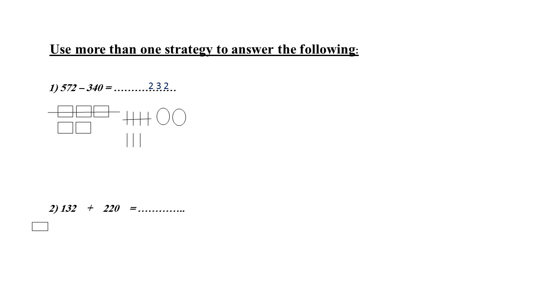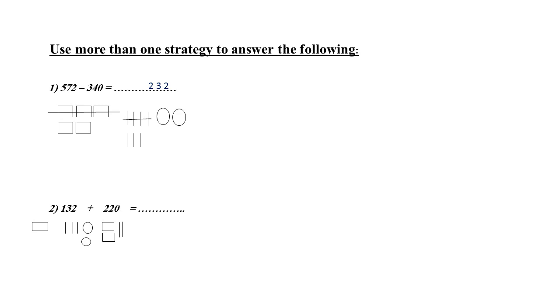So one big square, 3 sticks as 3 in tens, and 2 in ones, we will draw it as 2 small circles. And we will draw the other number, 220. I will draw 2 in hundreds as 2 squares, 2 big squares, and 2 in tens, we will draw it 2 sticks, and 0 in ones, we didn't draw any circles here.